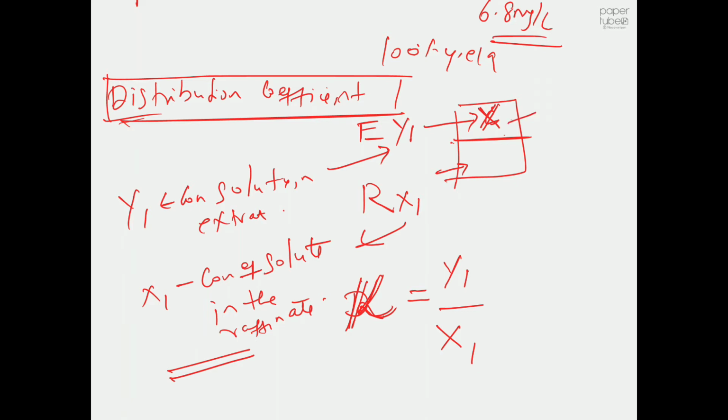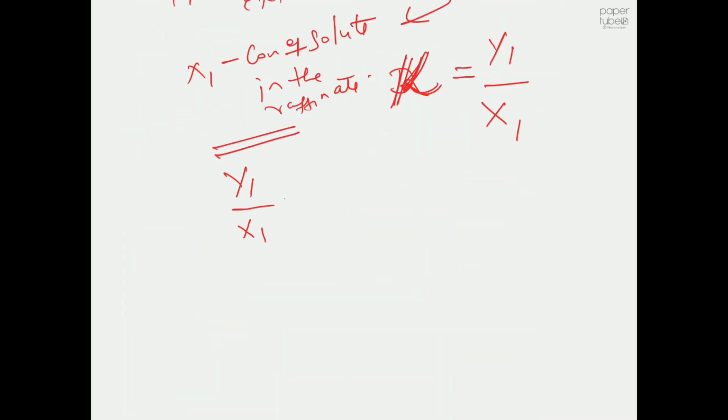If you know the concentration of your solute in the extract side and in the raffinate side, you just take the ratio and that gives the distribution coefficient. I hope you all understand. And then we have this number: Y1 by X1 equals 170.